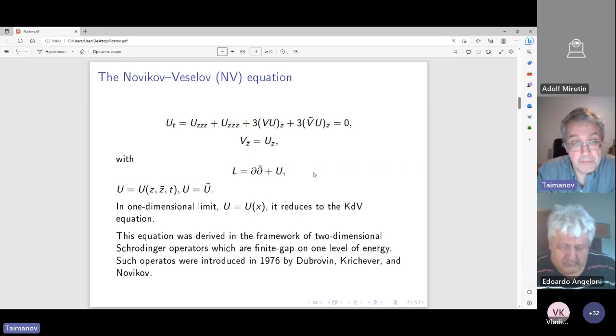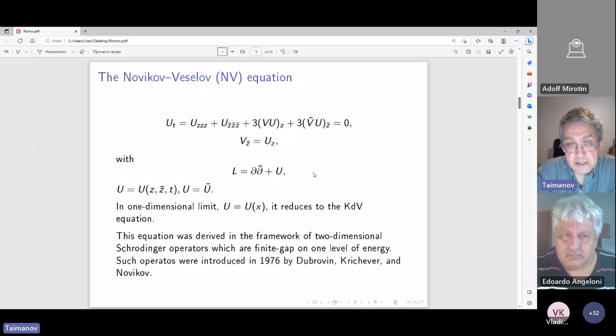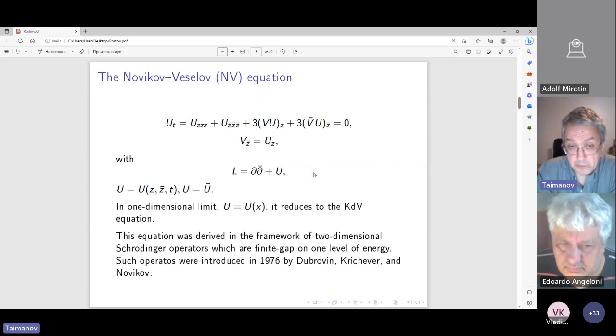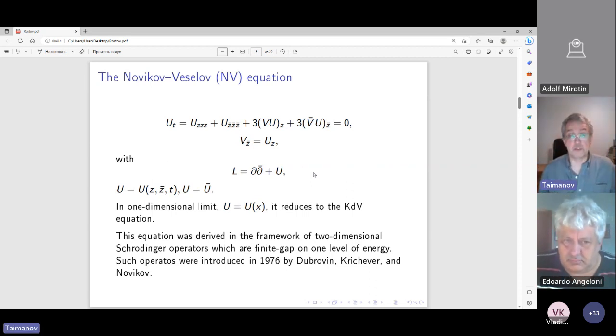Also, in all these two-dimensional cases, there is a constraint, V_z bar equals U_z. L is the two-dimensional Schrödinger operator, where D is the derivative with respect to z and D bar with respect to z bar, and they assume that U is real valued.